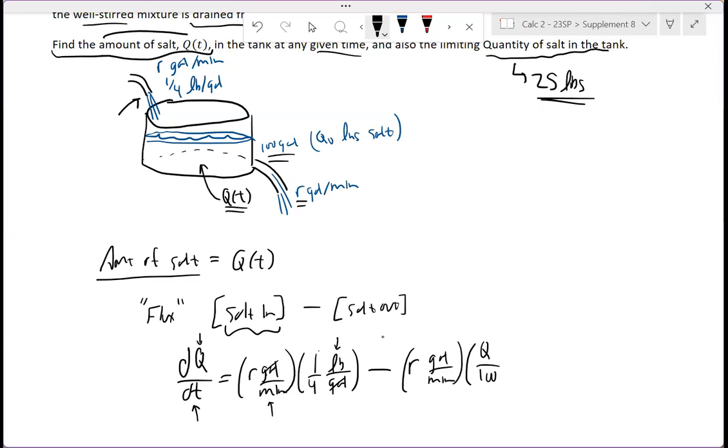So Q pounds of salt dissolved in 100 gallons is the concentration of salt in the tank that's being poured out at time t. So Q over 100 is the concentration times R gallons per minute is how much is being poured out. Again, the gallons cancel and we get pounds per minute, a sensible unit.